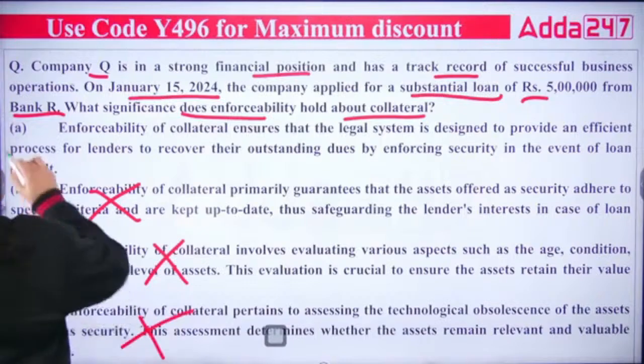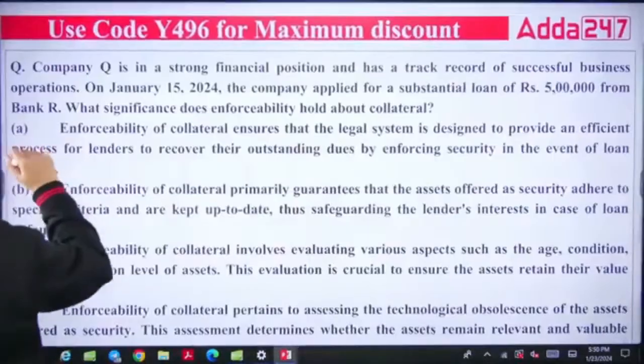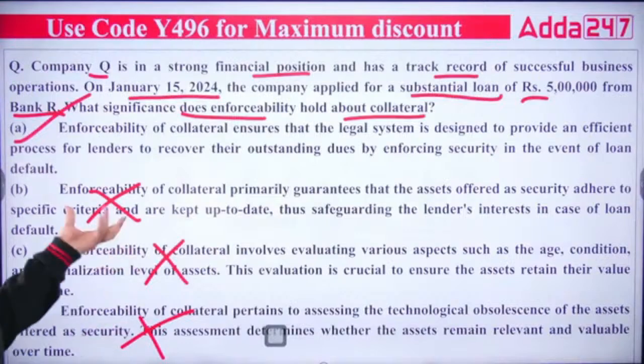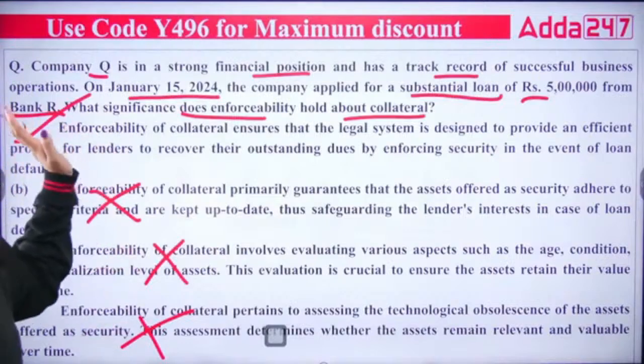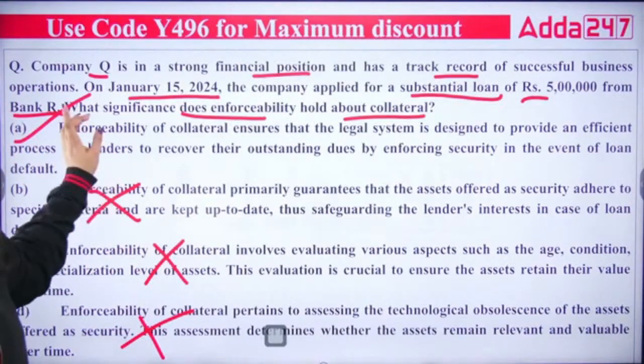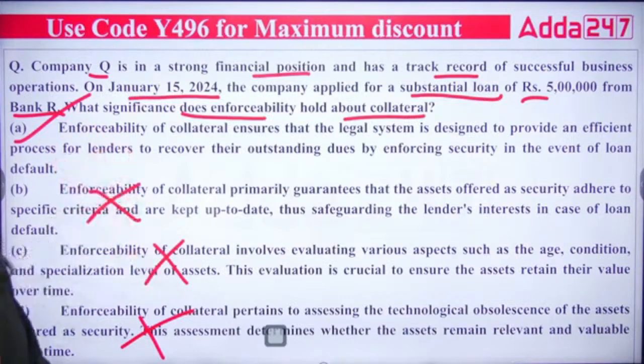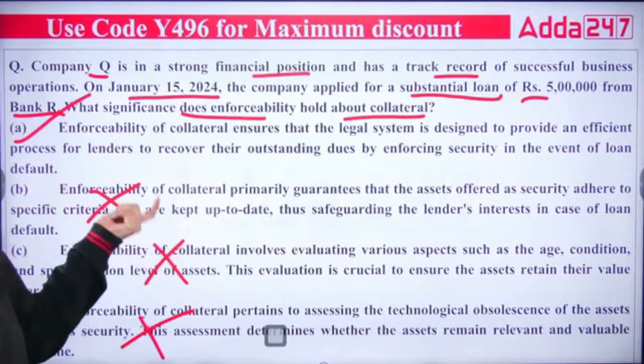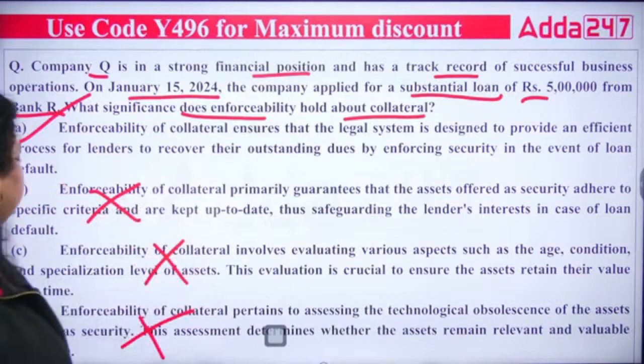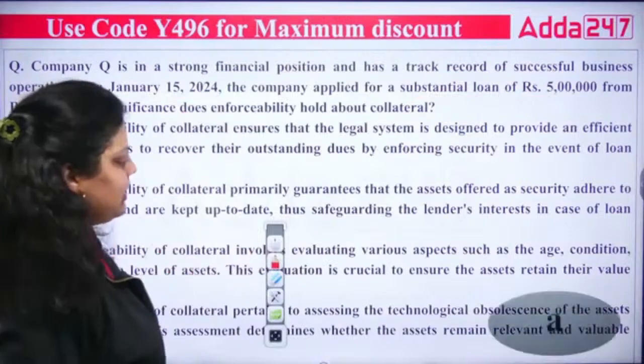Actually not. So the right answer is A. The enforceability of collateral ensures that the legal system is designed to provide an efficient process for lenders to recover their outstanding dues, for ensuring security in the event of loan default. So the right answer is A.